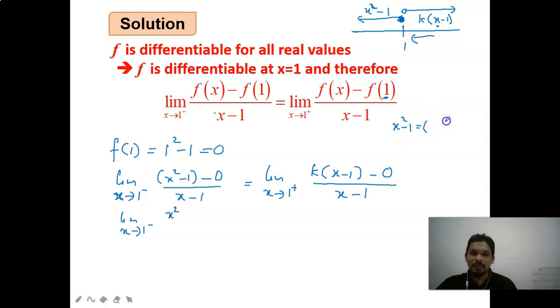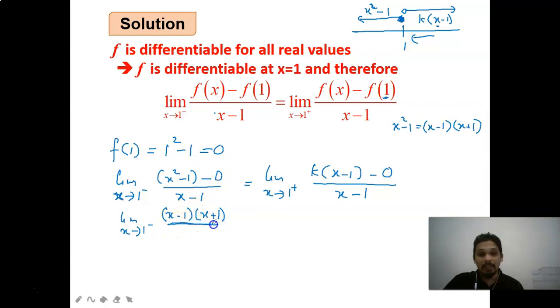Okay, let's try. x squared minus 1 equals x minus 1 times x plus 1. Okay, now simplify this. x minus 1 and x plus 1 minus 0. We don't have to write it all again because minus 0 is all gone.